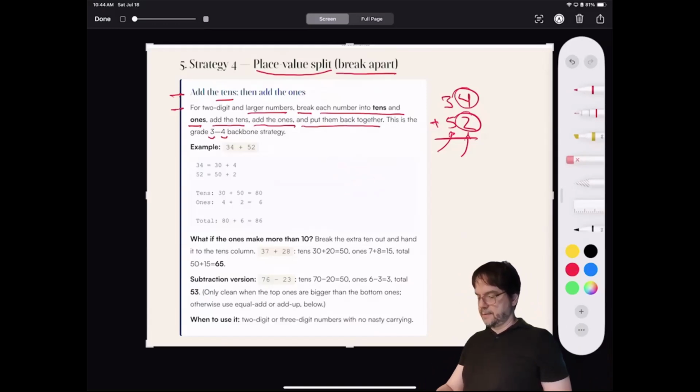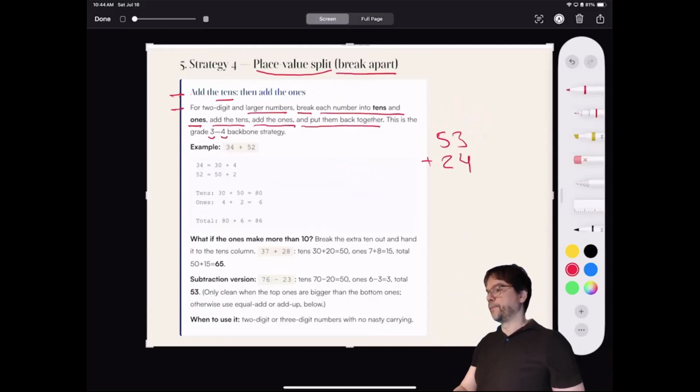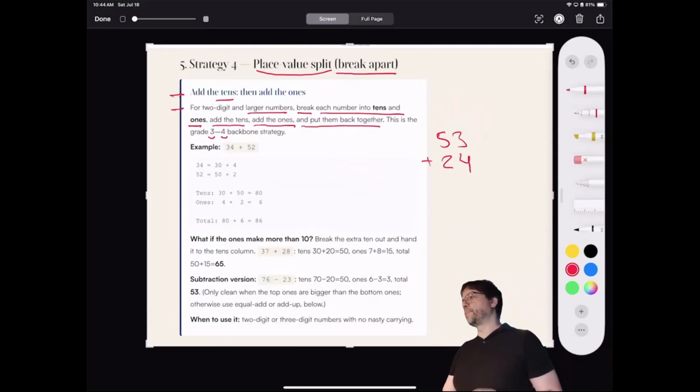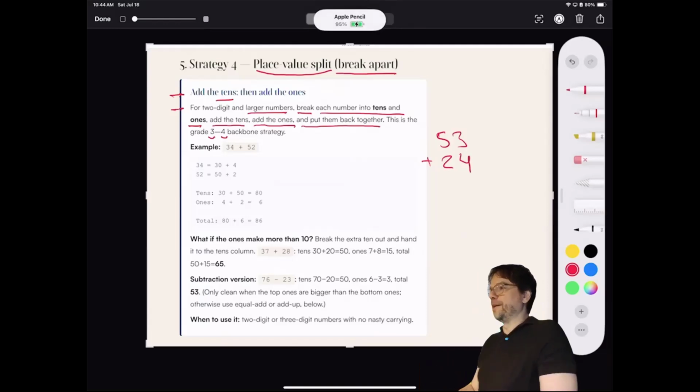I would like you to do it without writing, okay? 53 plus 24 in your mind. 53 plus 24. What to do first? Describe for me.